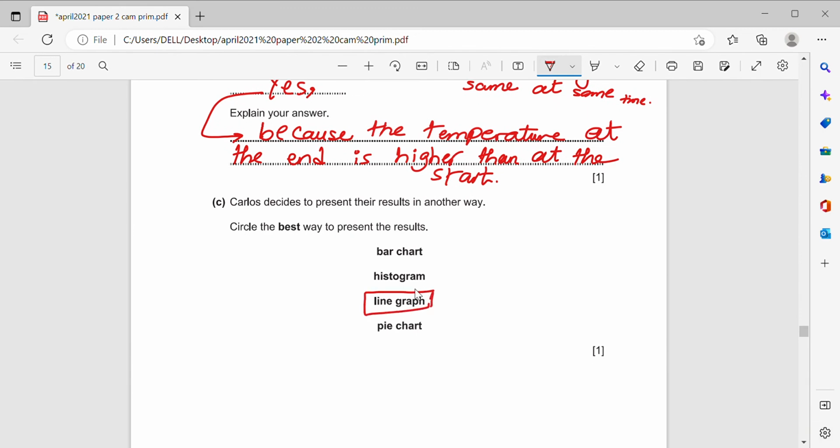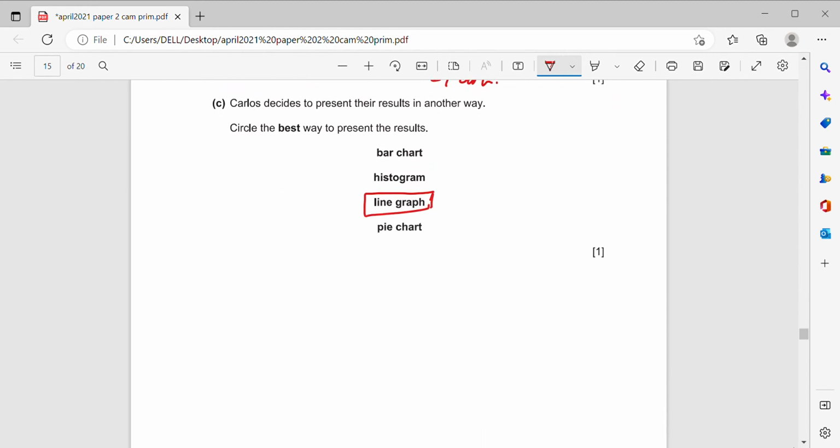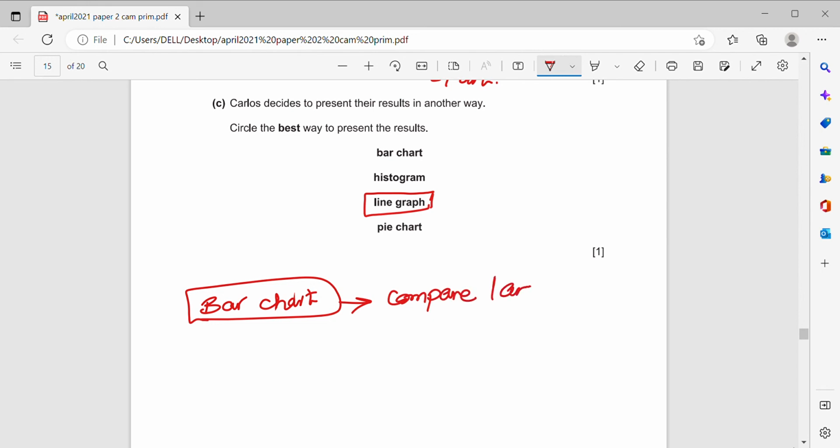If we need to review the other options besides the answer: the bar chart. When do I use the bar chart? If I need to compare larger changes among groups.